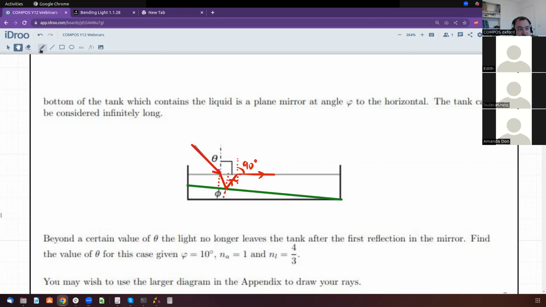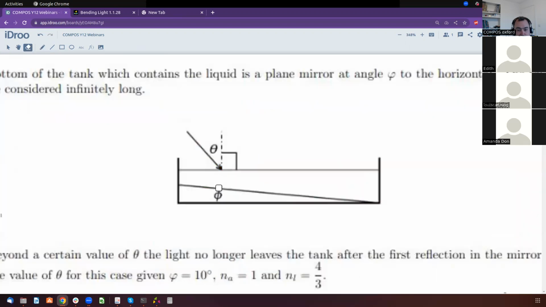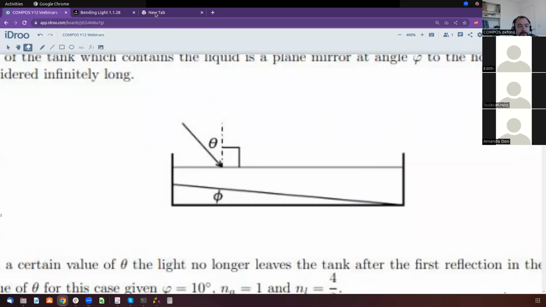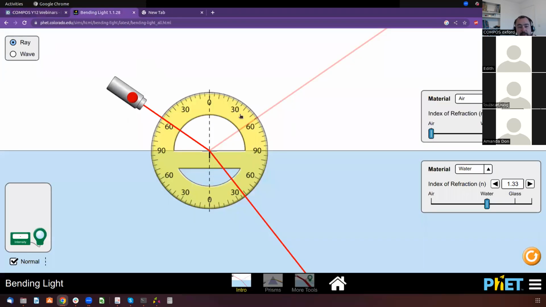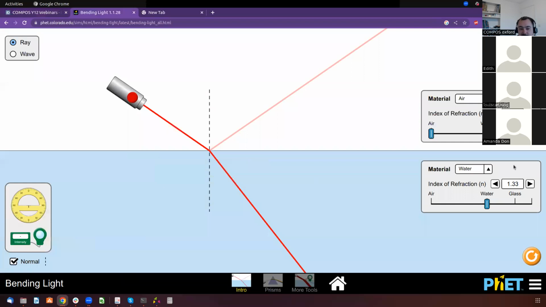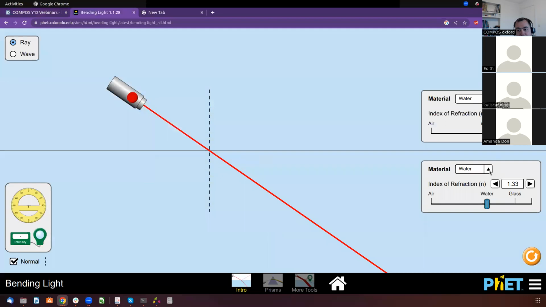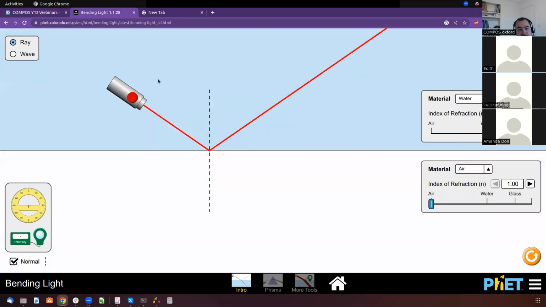So let's have a look at the critical angle, by the way. We haven't discussed it. Let's make this water and this air.